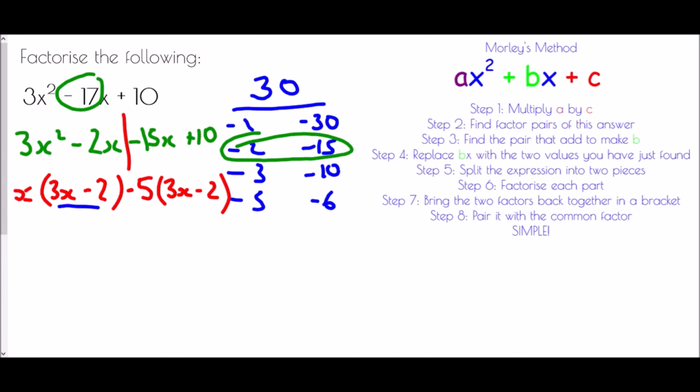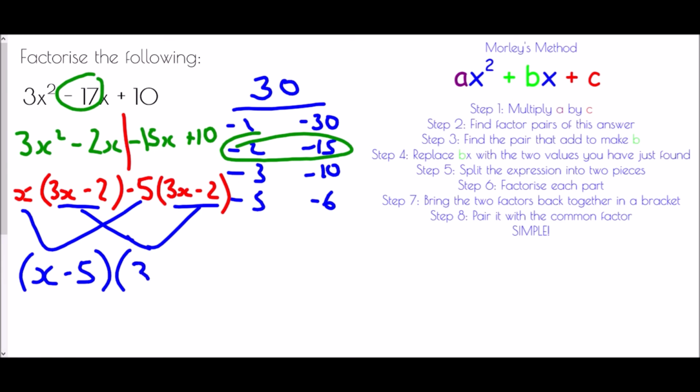And we've guaranteed that we've got the correct value in both brackets. And so finally, bring together our factors. We're going to have x take away 5. And then bring together the common factor, 3x take away 2. And what we've got is x take away 5, 3x take away 2.